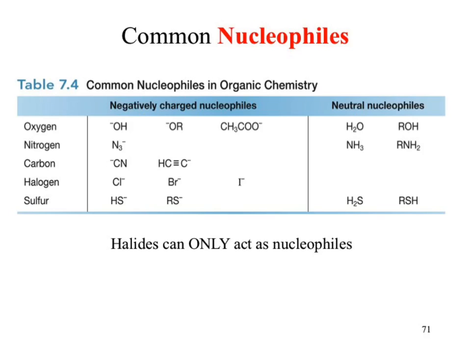Strong acids. And strong acids, by definition, get rid of their hydrogens. So our halides will only act as nucleophiles. This is why we typically see them show up in our reactions, because they have very selective chemistry. Hydroxide, not a great nucleophile, because hydroxide is small and can act as both a nucleophile and a base. So we get a mix of chemistry potentially coming out of that nucleophile.